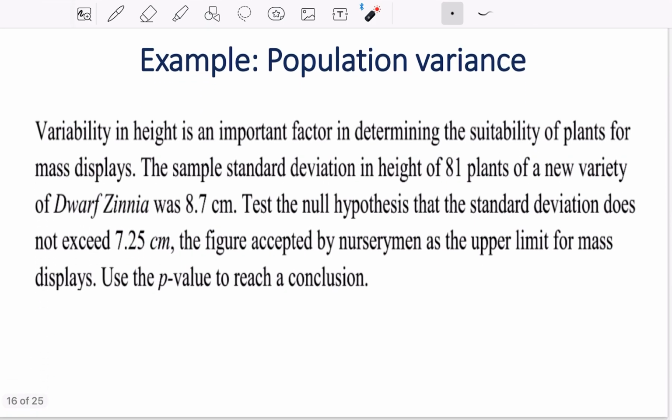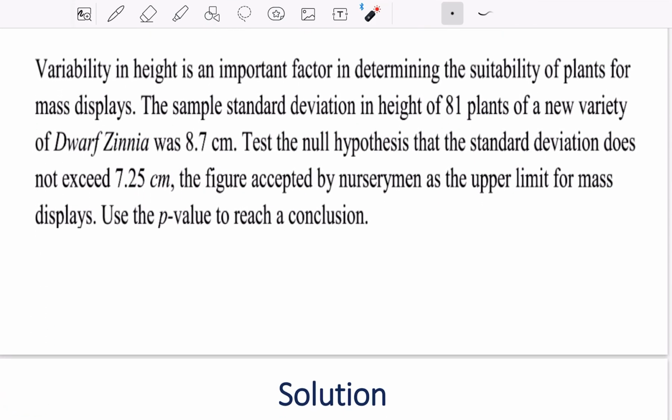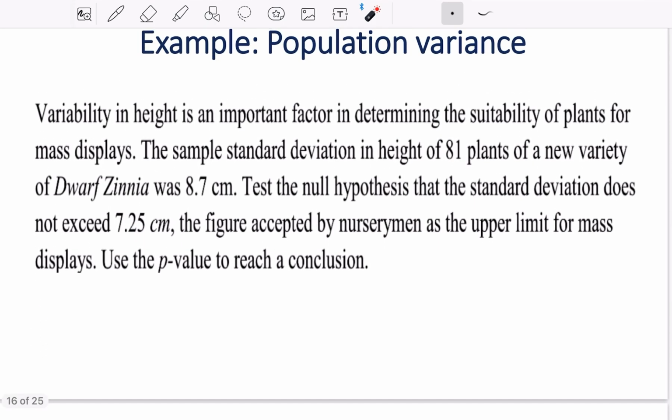Okay, let's look at an example. Variability in height is an important factor in determining the suitability of plants for mass displays. The sample standard deviation in height of 81 plants of a new variety of dwarf Zinnia was 8.7.